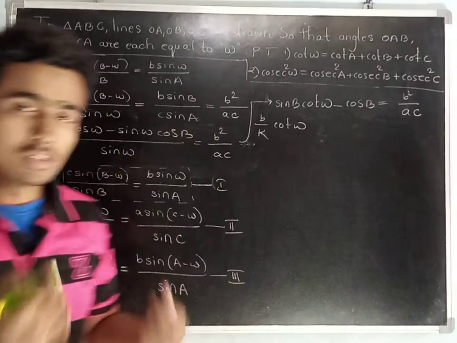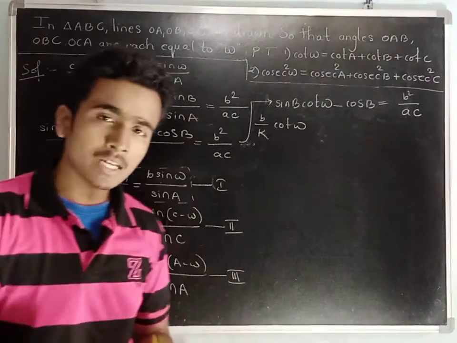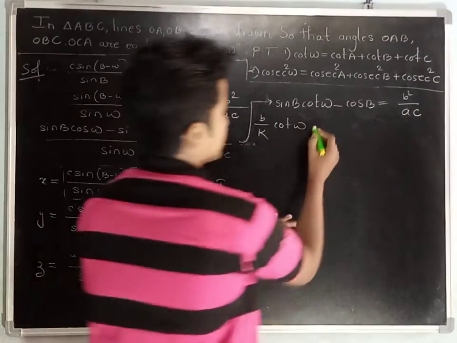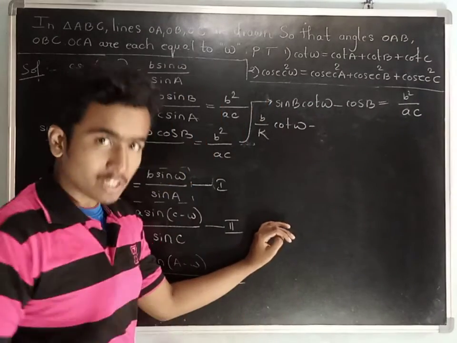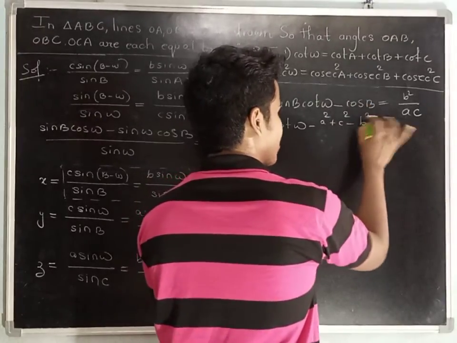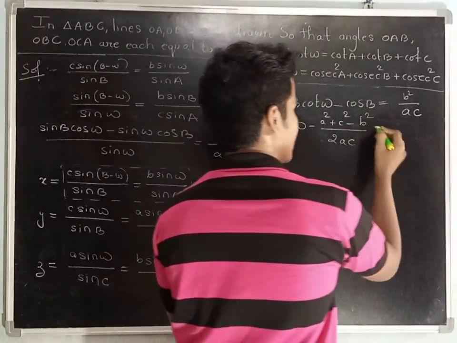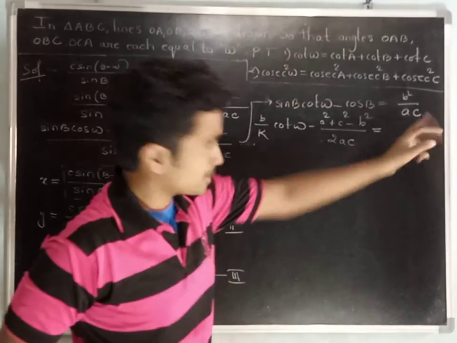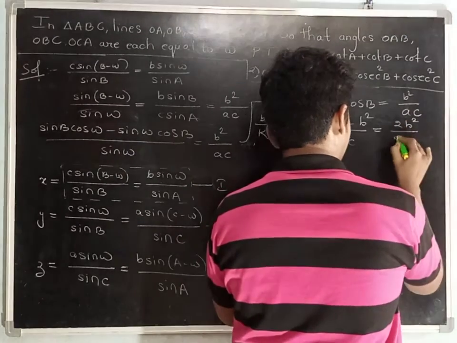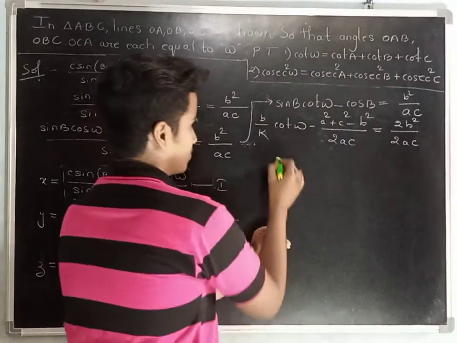As per the sine rule, the constant we put k, b by sin b is equal to k. Sin b is nothing but b by k into cot omega minus cos b. As per the cosine rule, cos b can be written as a square plus c square minus b square by 2ac. It's nothing but, instead of b square by ac, let me put it as 2b square by 2ac.